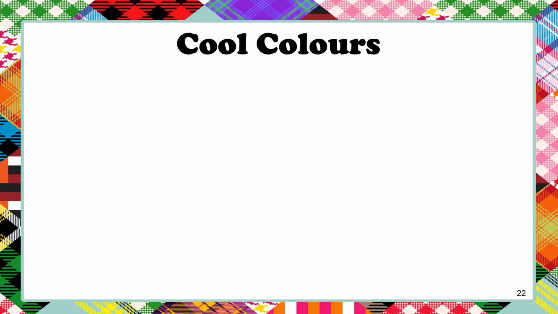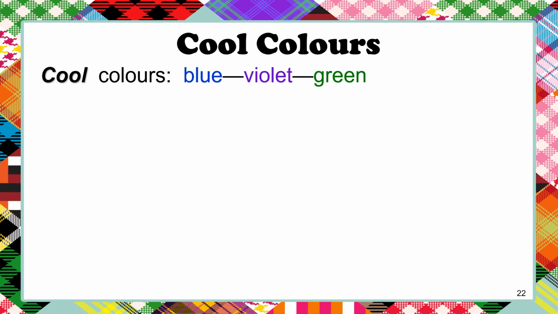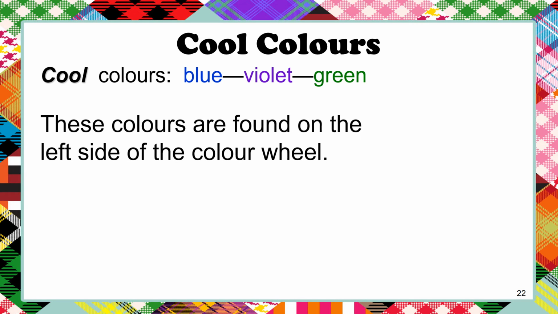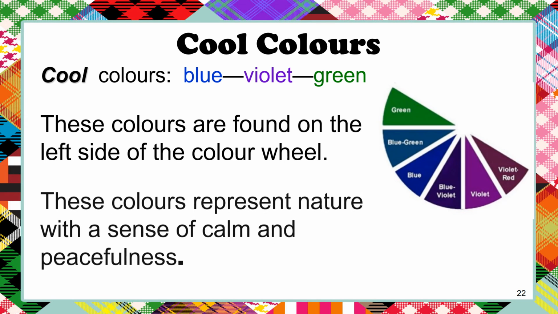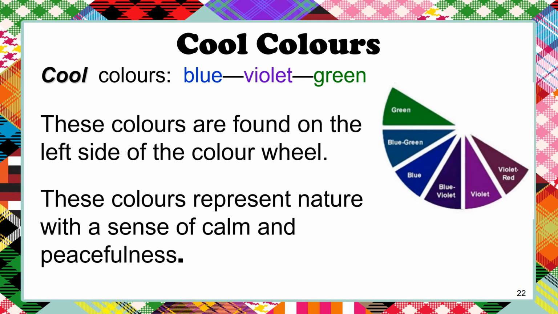Cool colors, on the other hand, are blue, violet, and green. These colors are found on the left side of your color wheel. These colors represent nature with a sense of calm and peacefulness.